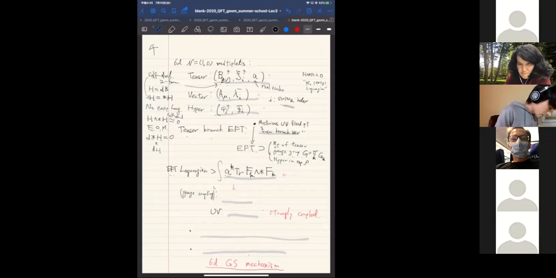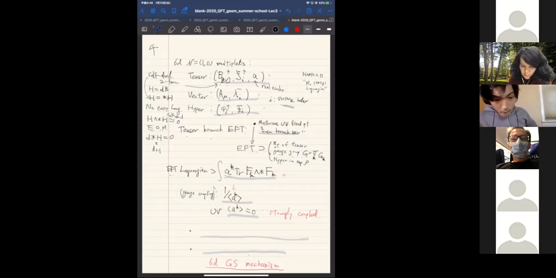So the gauge coupling is controlled by the vev of the tensor branch scalar, and I assume that if you go backwards to the UV, the UV corresponds to the origin of this tensor branch moduli.